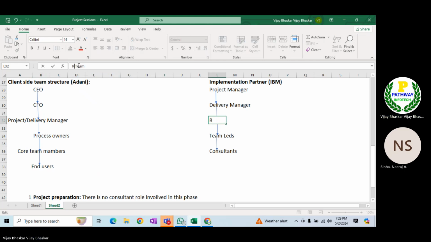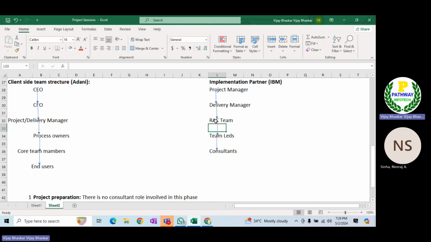Rapid action team is for when there is a new business requirement, and the consultant has conveyed a solution to the business people, but the client is not agreeing to the solution we have provided.